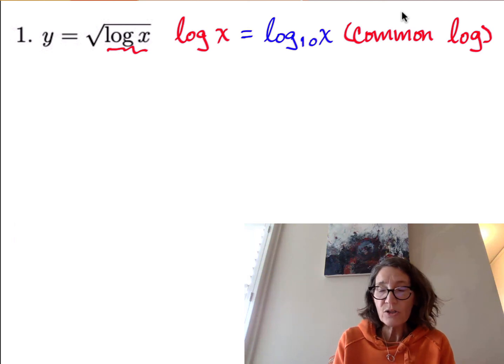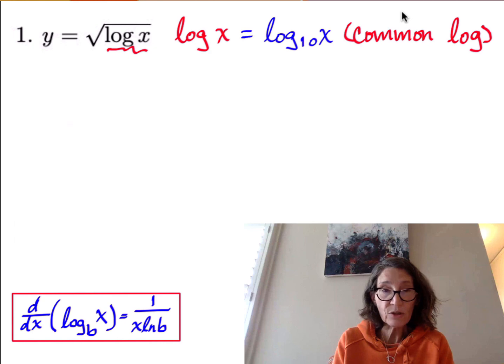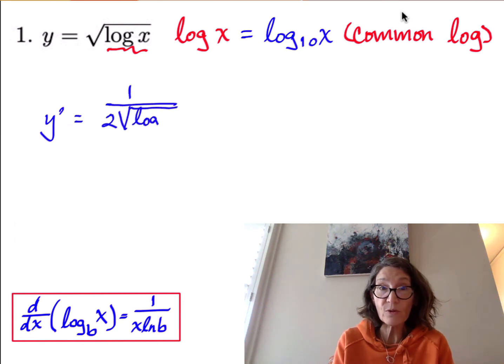All right, so we're going to use the first rule that we just learned. The derivative of log base b of x is 1 over x times the natural log of b. But we're also going to have to use the chain rule because we have an outside function, the square root function. So let's do that. Y prime is the derivative of the outside, which means the derivative of the square root function, with the inside unchanged, times the derivative of the inside.